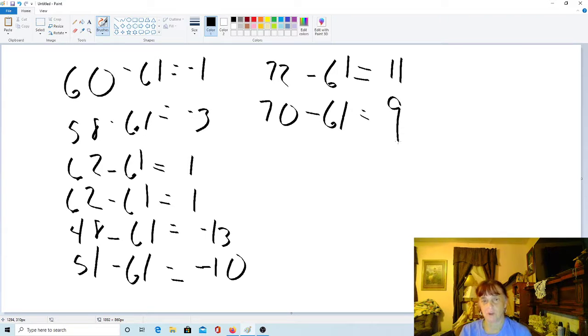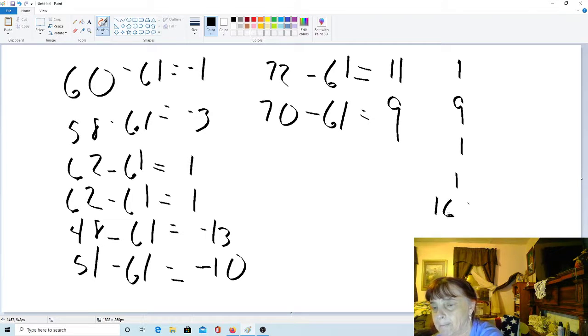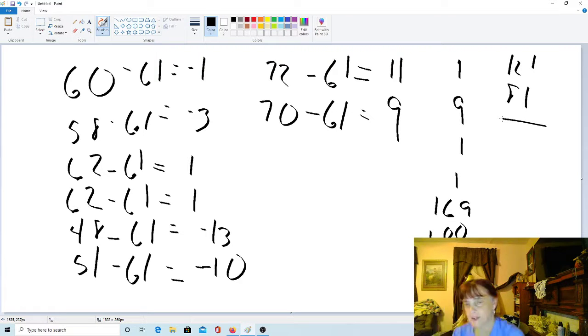And then you square those numbers. Negative 1 squared is 1, negative 3 squared is 9, 1 squared is 1, 1 squared is 1, negative 13 times negative 13 is 169, negative 10 squared is 100, 11 squared is 121, 9 squared is 81. And add those numbers up: 1 plus 9 plus 1 plus 1 plus 169 plus 100 plus 121 plus 81.